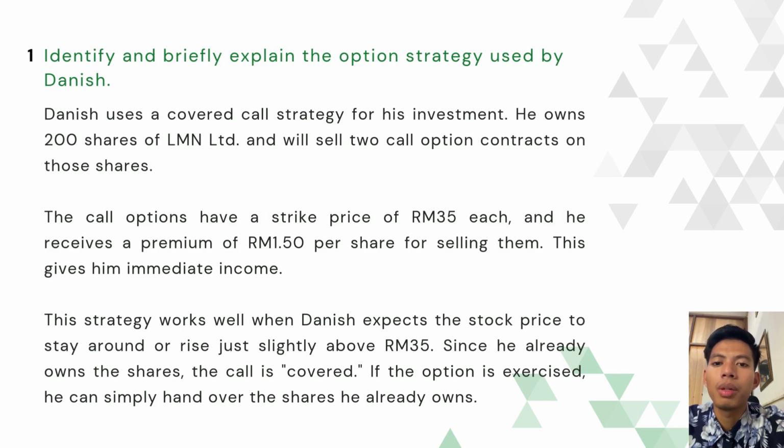This gives him immediate income. This strategy works well when Danish expects the stock price to stay around or rise just slightly above 35 ringgit. Since he already owns the shares, the call is covered. If the option is exercised, he can simply hand over the shares he already owns.